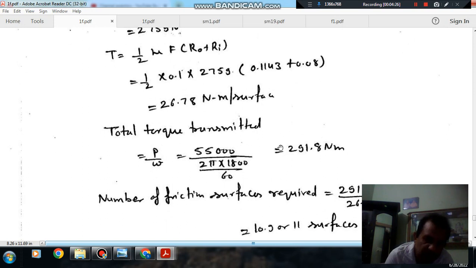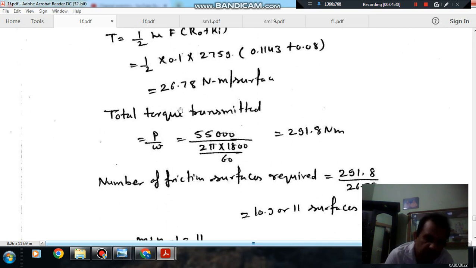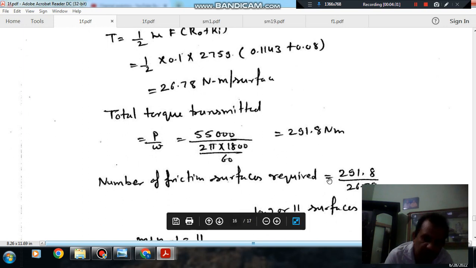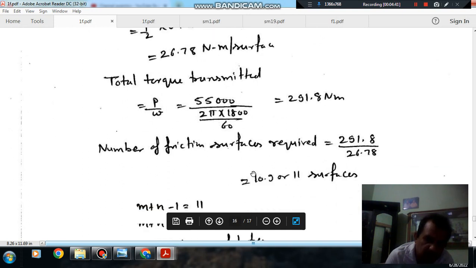This is the total torque capacity, and the earlier value is the torque capacity of a single surface. So the number of surfaces required is the total torque divided by the torque per surface, which is 10.9 or 11.